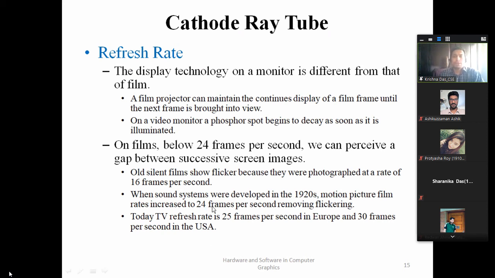If you see the news, on many news channels, when the news reader reads the news, in the background you will find people working on computers. If you check the computer screen in the video, you will see that it is not synchronized. There is still some gap in the frames, so the screen of the monitor moves in such a way that you cannot see it properly.